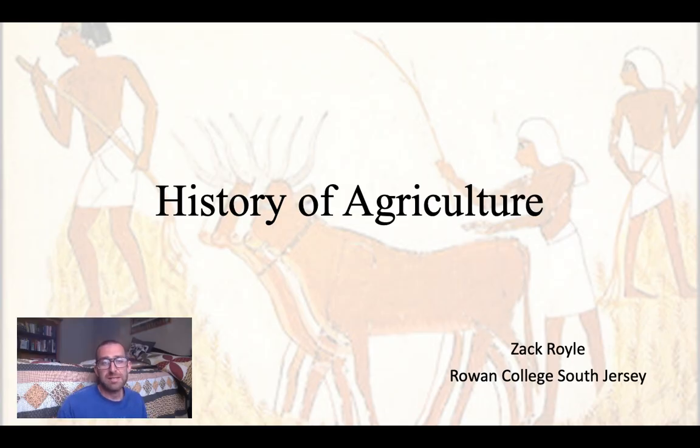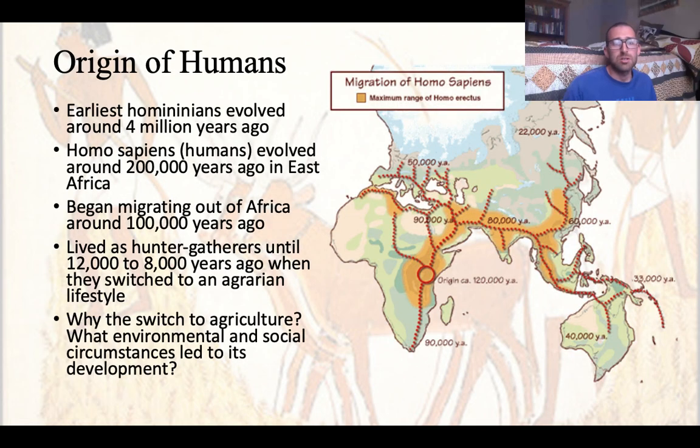Okay, so like I said, we're looking at human agriculture today. So let's start by looking at the origin of humans. Right, so the earliest hominins evolved around 4 million years ago. Hominins are essentially just the ancestors of humans. They are the line that starts when our ancestors broke off from the last common ancestor of chimps.